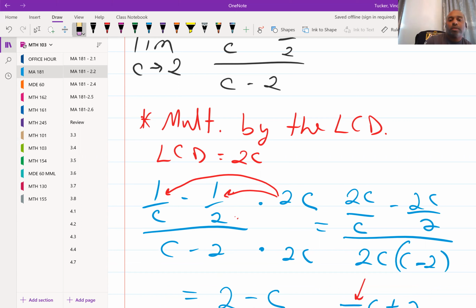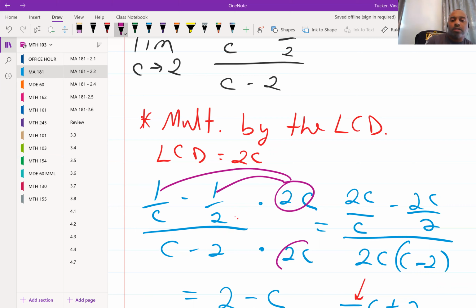So I'm going to take this 2c and multiply it here and here. And then this 2c needs to be multiplied to each term in our denominator. So c's cancel here, 2's cancel here.